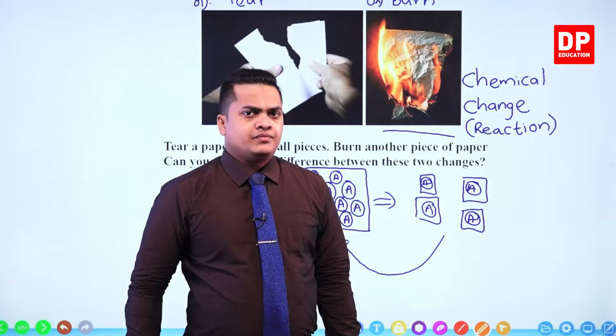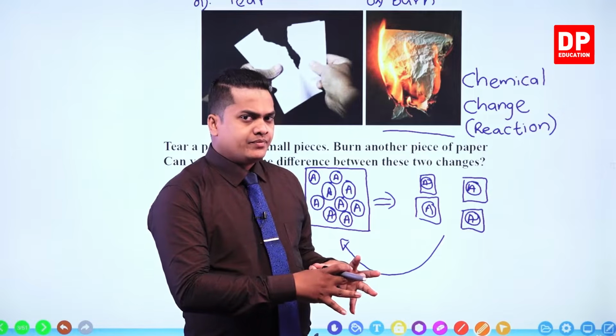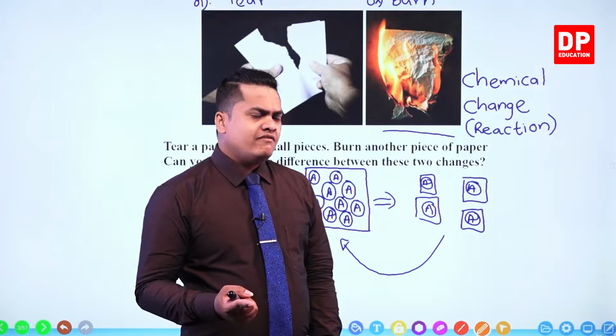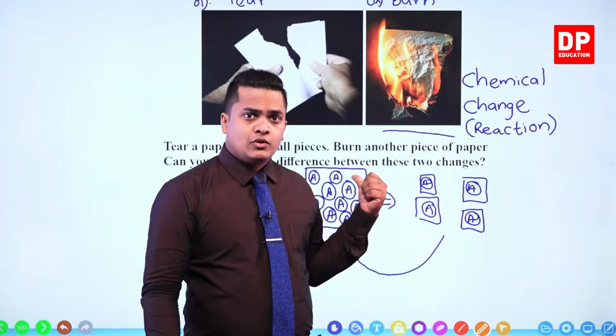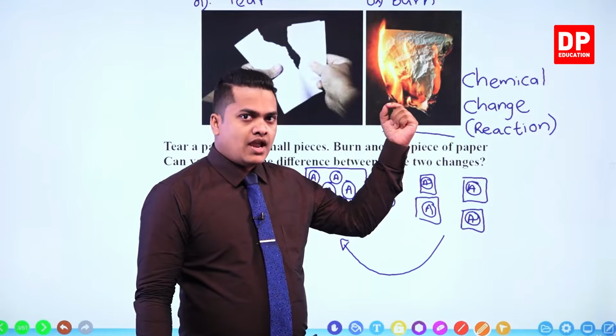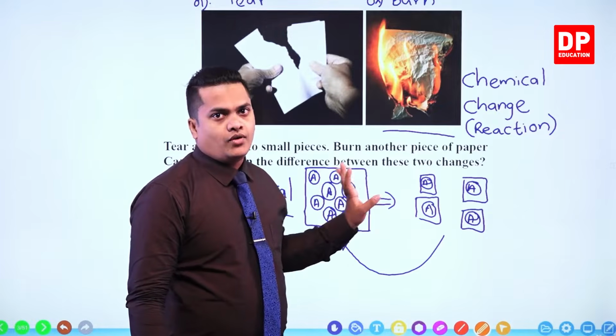So my dear children, I have explained what is going to happen in here, right? So let's head on to the lab and we'll see whether we can observe new particles in the burning process or not, and whether we can recreate the original paper or not.